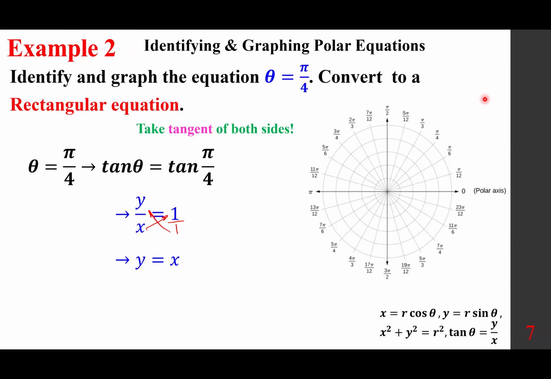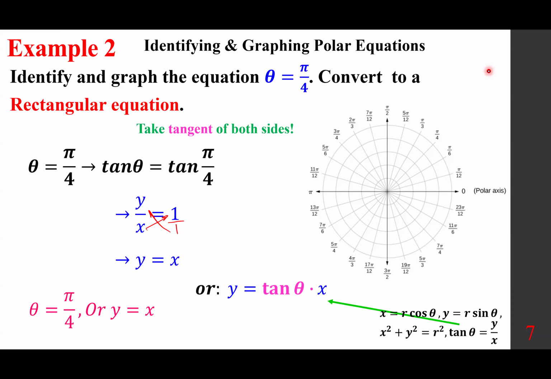As you know, y equals x is a line that goes through the origin. So when theta is pi over 4 in polar format, or y equals x in rectangular format, and in general, y becomes tan of theta times x.